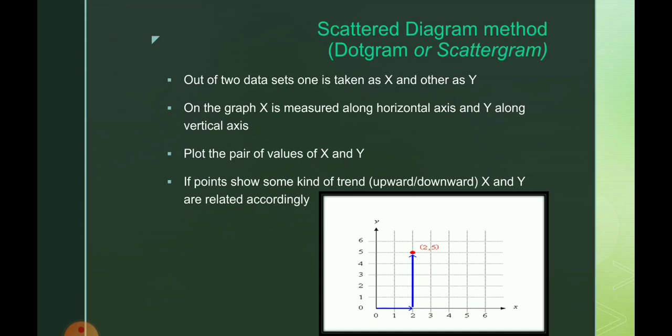Similarly, all the points will be plotted on this graph. When we look at the graph, if they show some kind of trend, going upward, or going downward, or they are scattered all over the diagram, that will give us the idea of the relationship and strength of the relationship between two data sets.